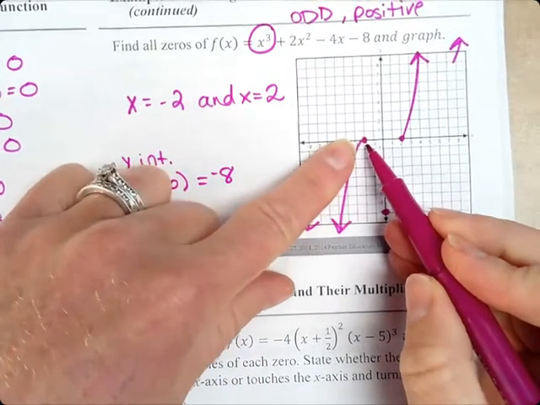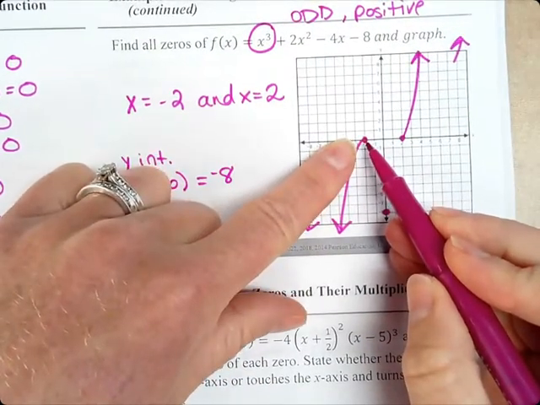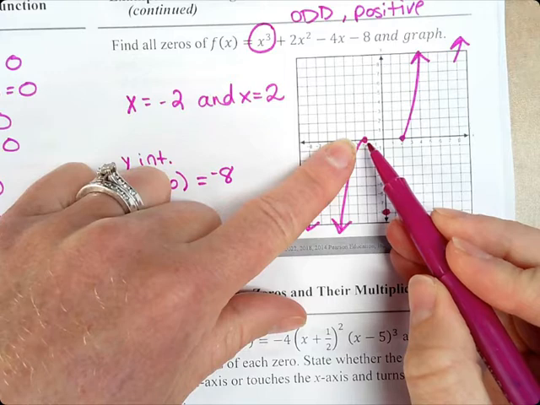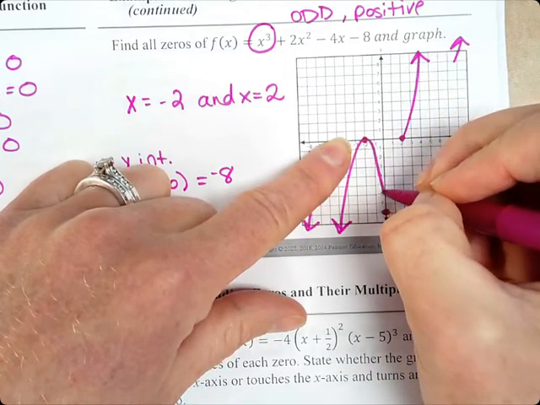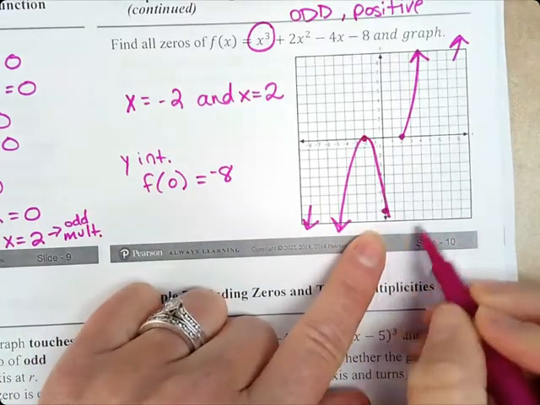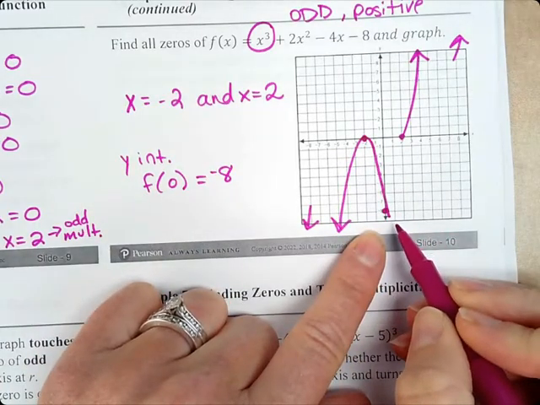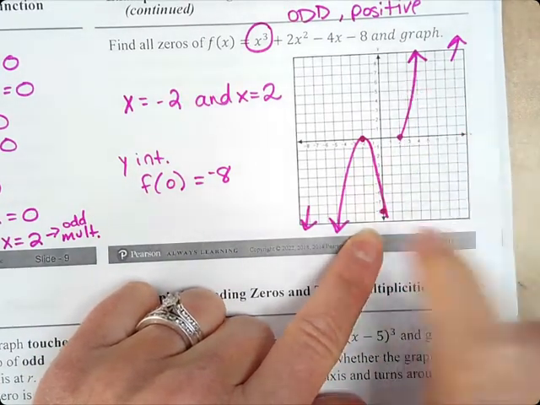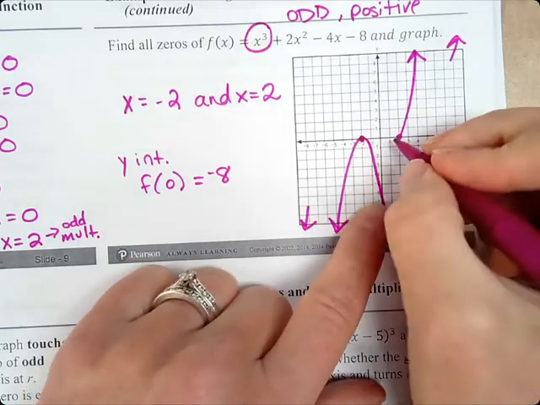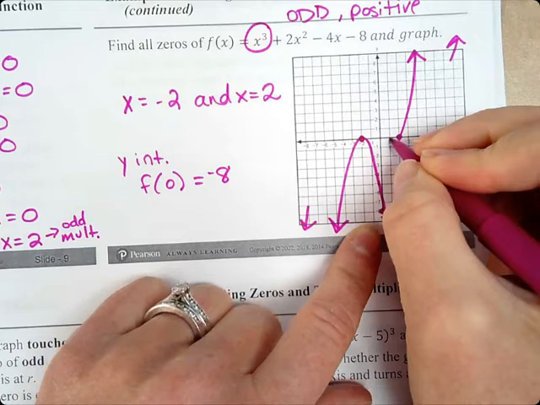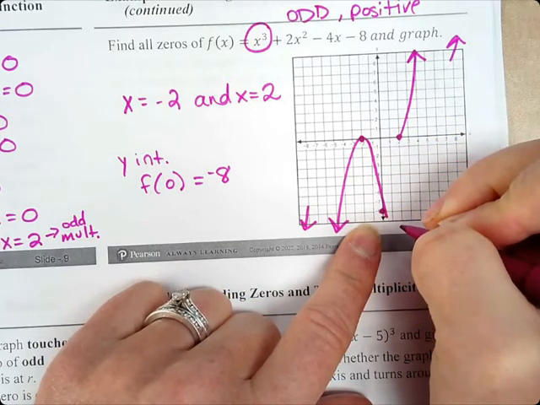We know that this is multiplicity of an even, so that means that it's turning around. So this is going down, and at some point, it's going to turn around so it can go back up. The way that you'd find that is you could try out, like if I plug in a 1, what would I get?